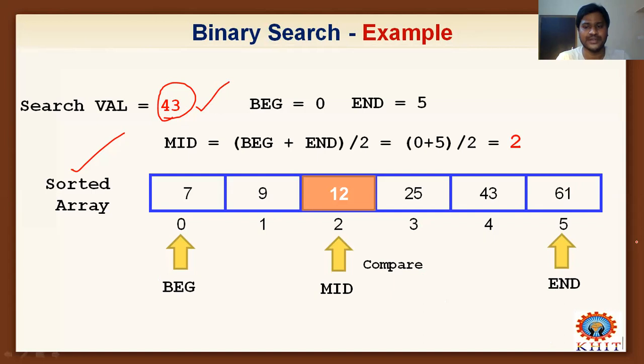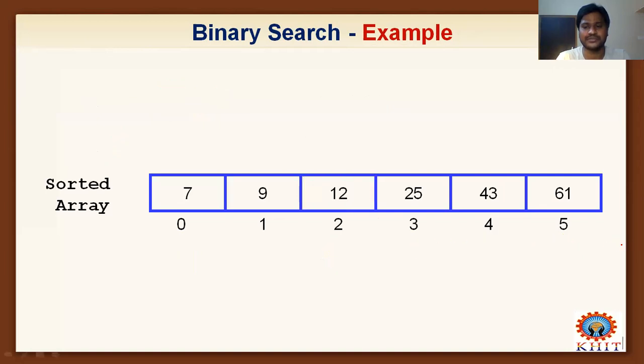When we compare, the search is unsuccessful; 43 does not match element 12. 43 is greater than 12, so bring the beginning to mid plus 1 position and again apply the same process.